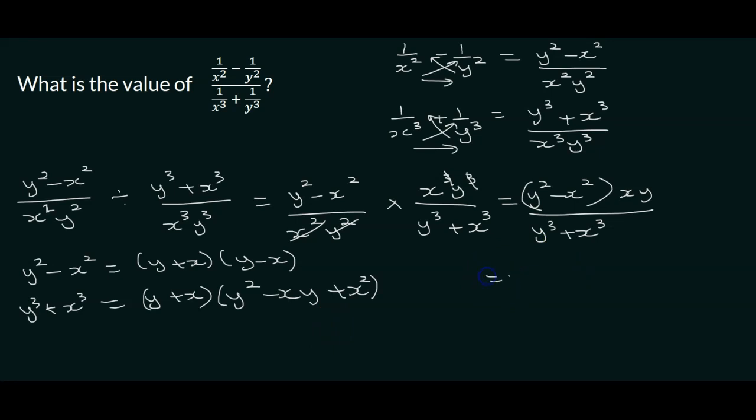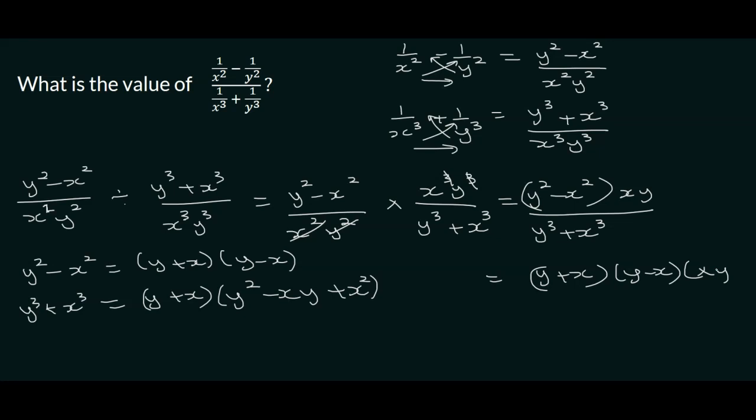So this is going to be y squared minus x squared is y plus x, y minus x, and then we have xy. And then we divide this by y plus x multiplied by y squared minus xy plus x squared.